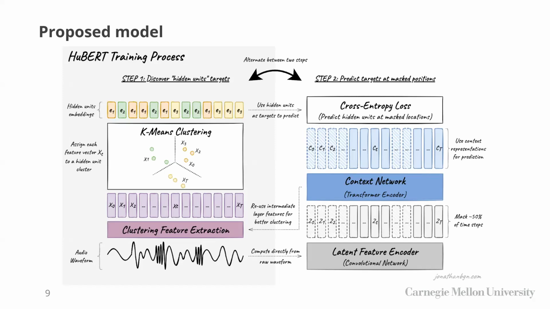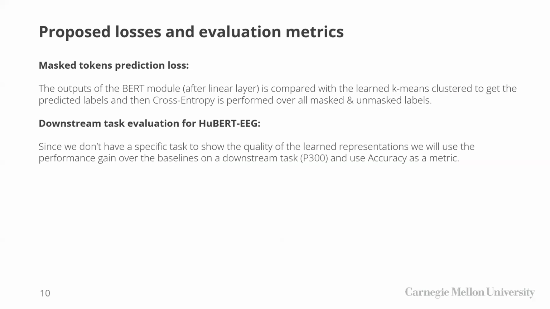During training, it masks 50% of the tokens generated by our CNN, and then it tries to predict the label for these masked tokens and then performs cross entropy across all the labels. For the loss, the masked token prediction, we mask a portion of our CNN tokens, predict the labels for those, and then perform cross entropy over the masked and unmasked labels.